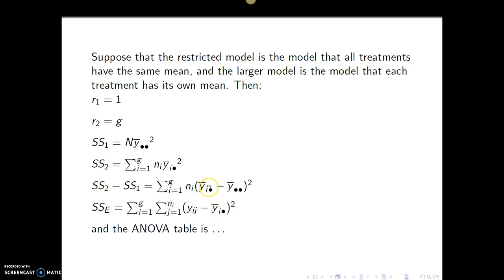Versus here, we're looking at each deviation of the treatment mean from the grand mean. So that's looking at how far away each treatment mean is from the overall grand mean. So if these distances are short relative to this, we will decide that the restricted model is fine. If these are large with respect to this, then we'll decide we need the more specific larger model.